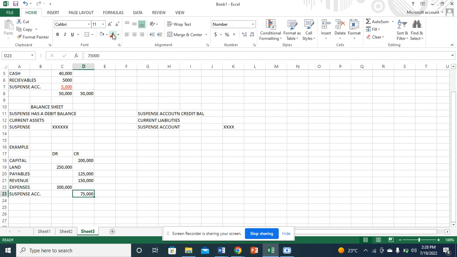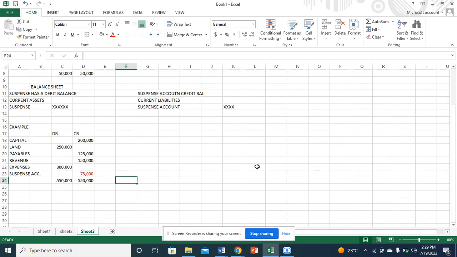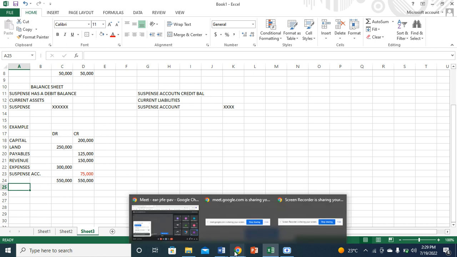Right. So in this example here, we've already opened our suspense account, and we found the errors. So we're going to make corrections to the errors. So here, this is going to be 550,000. And then what they tell us is the reason why the trial balance did not balance.